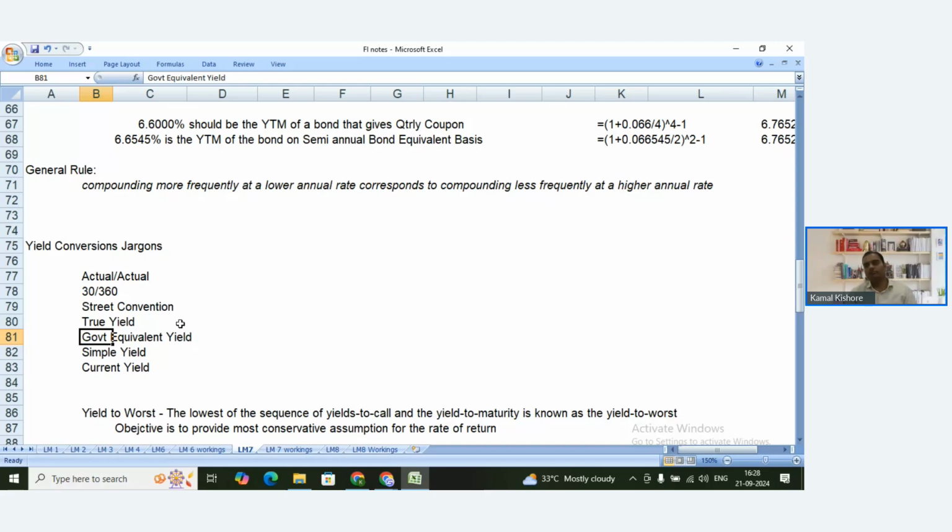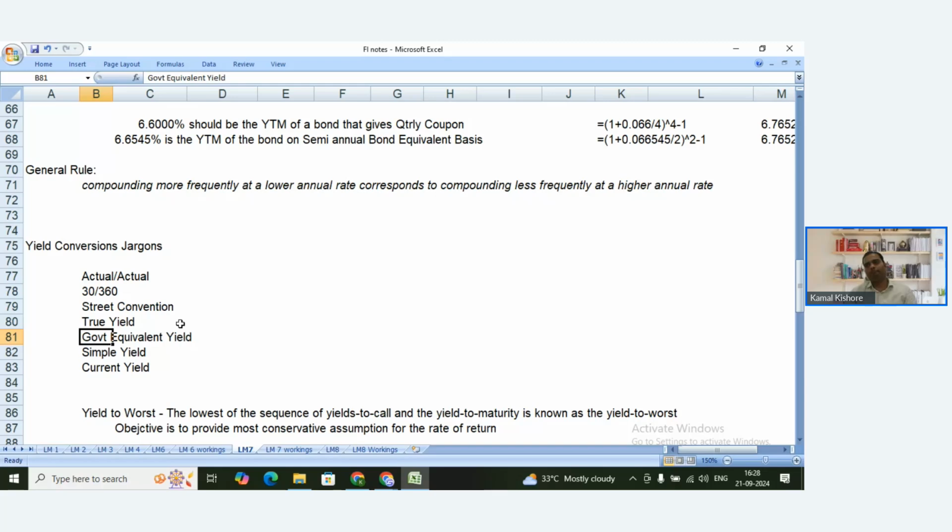True yield. True yield is never higher than street convention, due to the extra time to pay.